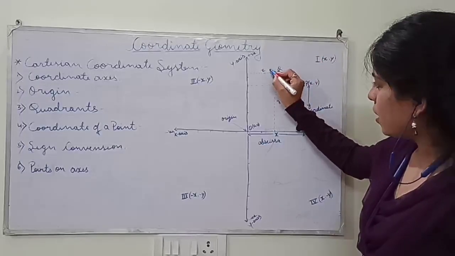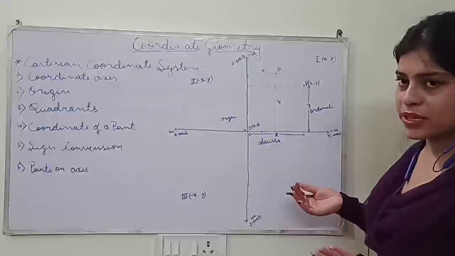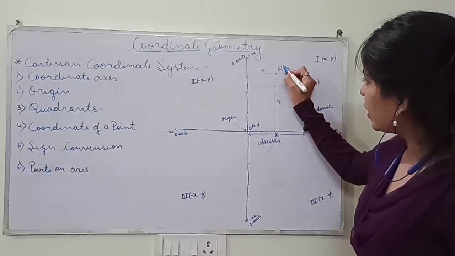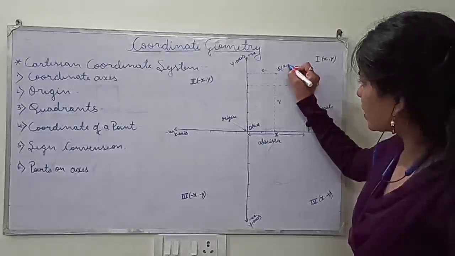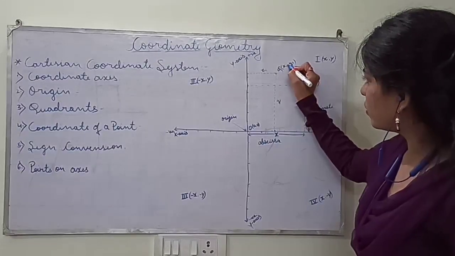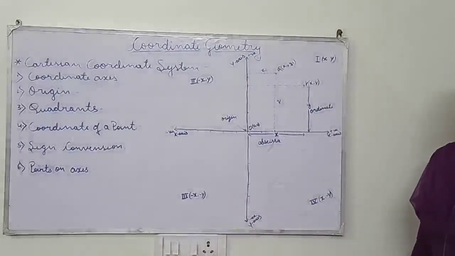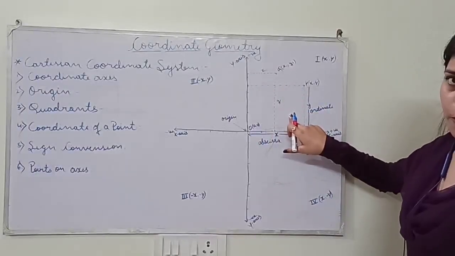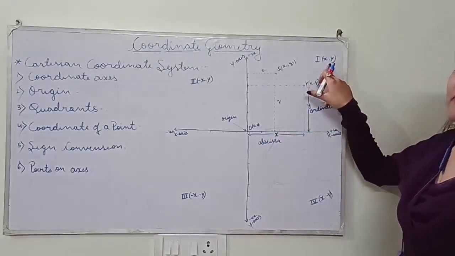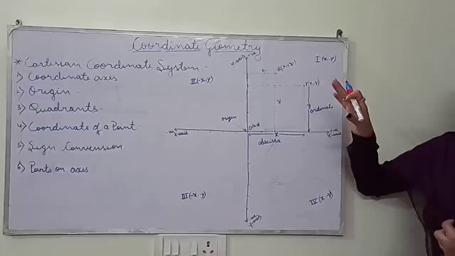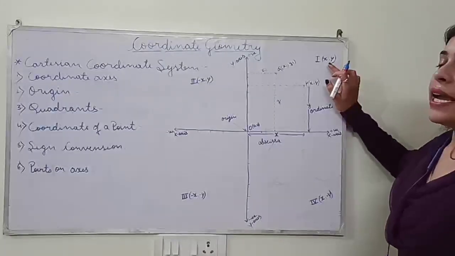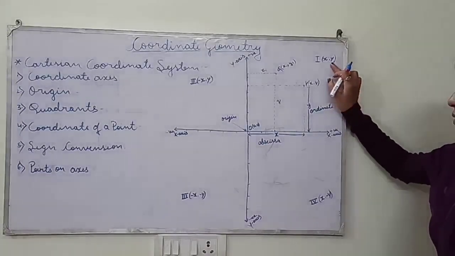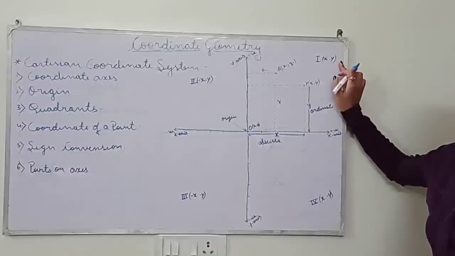You can say x1 and y1, because we don't know the actual values; we have not taken proper units here. So the coordinates of point Q are x1 and y1. Here x is positive and y is also positive. So in the first quadrant, for any point, its ordered pair will have both coordinates positive.